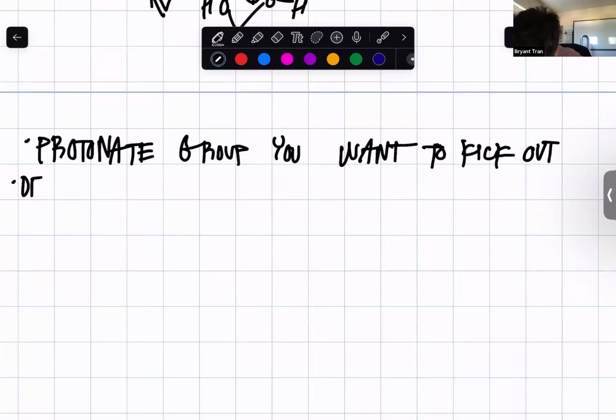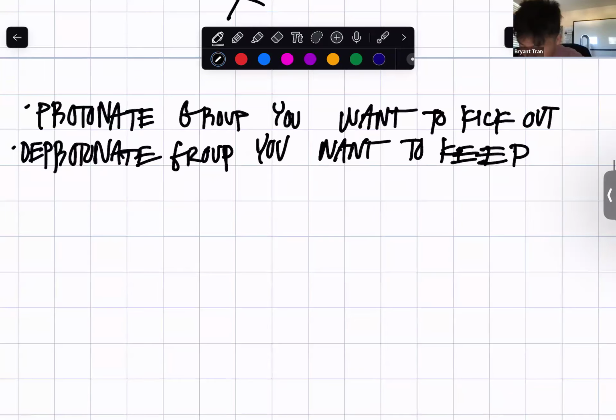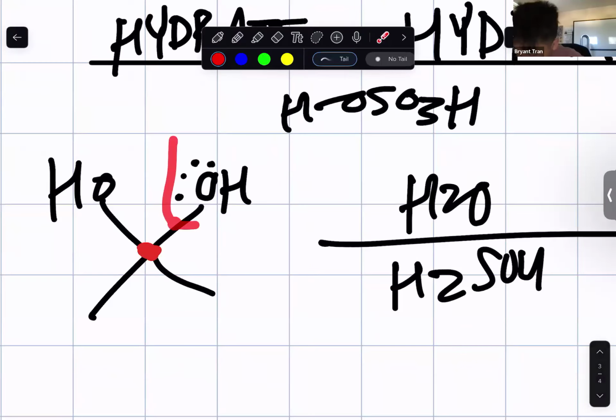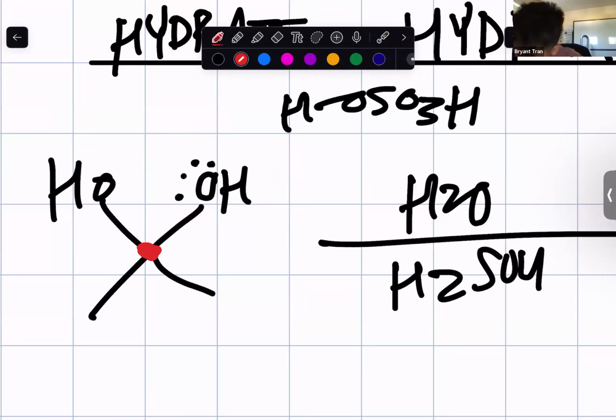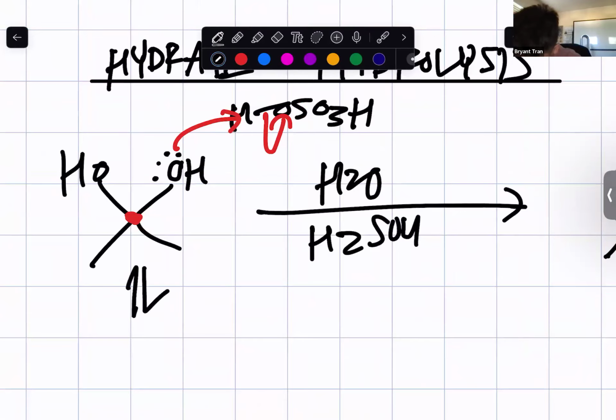And you will deprotonate the group that you want to keep, because that would make it into a bad leaving group. So keeping that in mind, we know currently that this is a bad leaving group, but we want it to leave. So to make it into a good leaving group, we are going to protonate it with the strong acid that we have to give us this oxonium ion here.